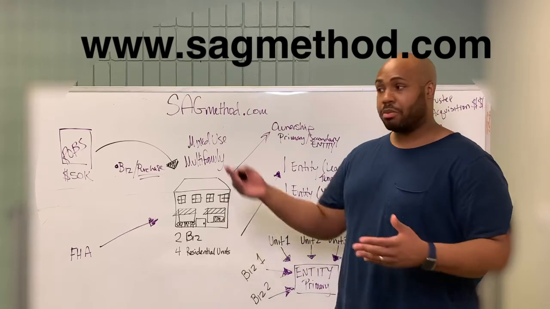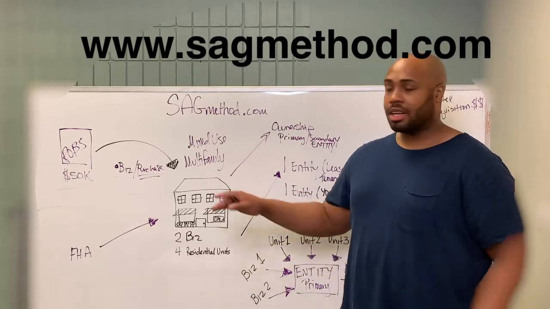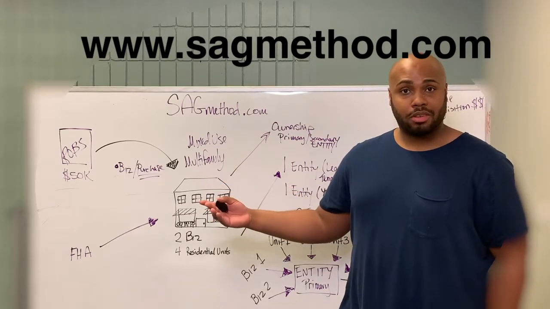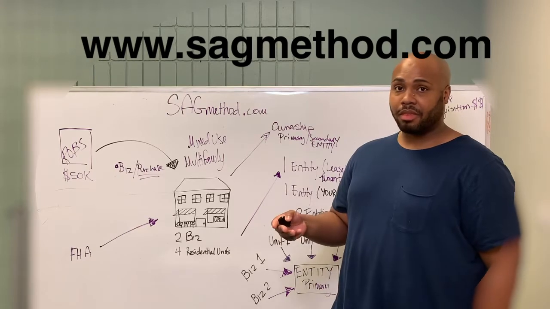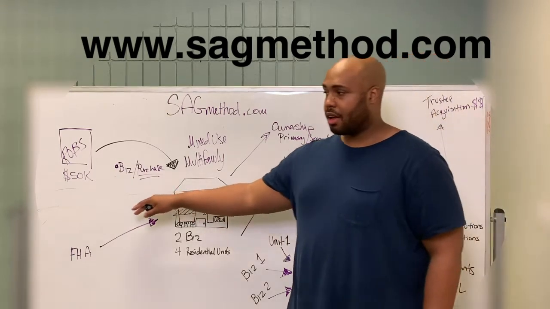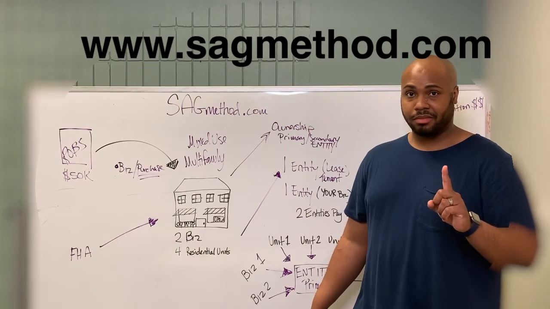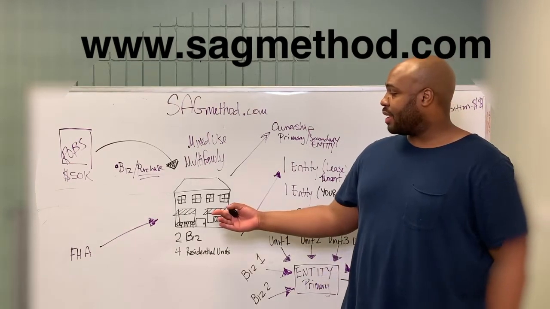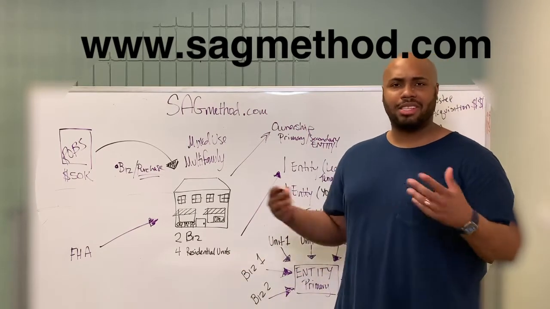And if that's the case, you can show that with your statements and your documents. That's a bigger loan. But what most people have done is that they buy a building in the name of one entity, and then they lease it in the same entity, or they occupy it in the same entity.